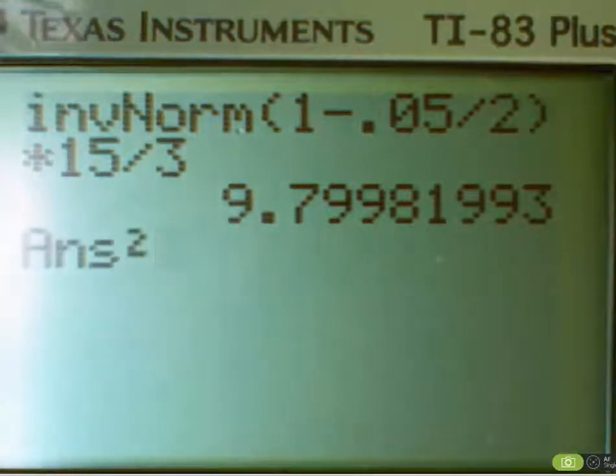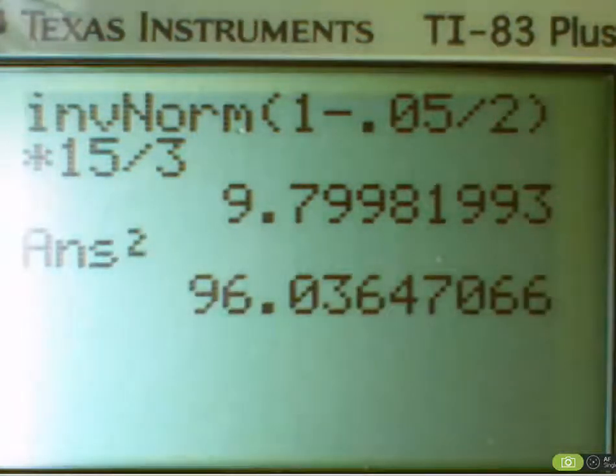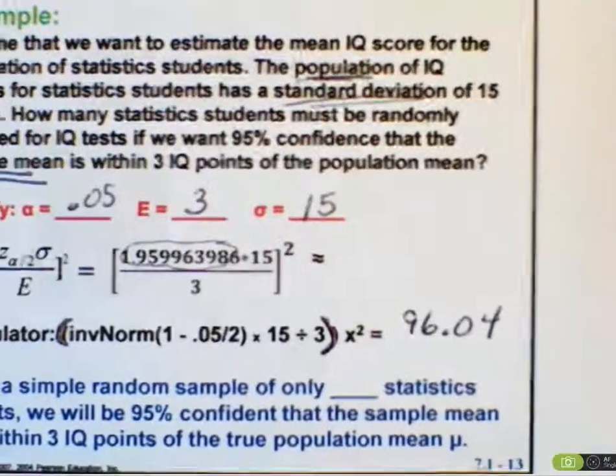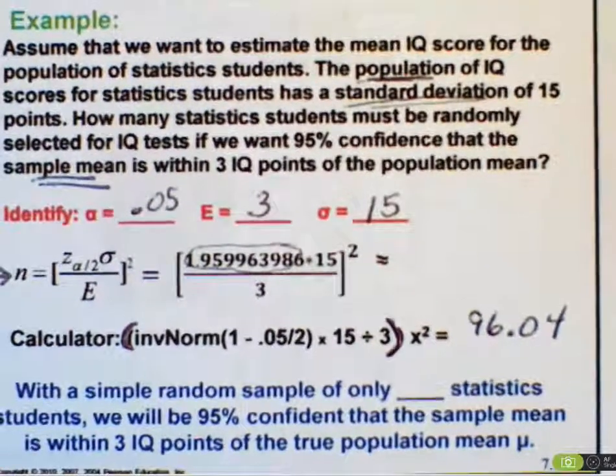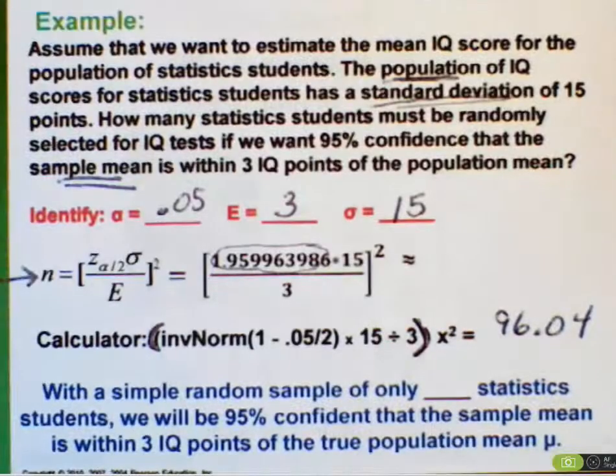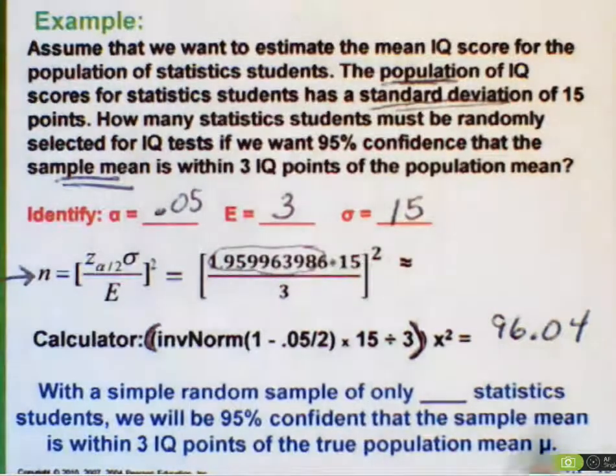Now if I square that, I get the sample size is 96.04. But remember, sample size has to be rounded to the next highest whole number, regardless of what is in the tenths place.